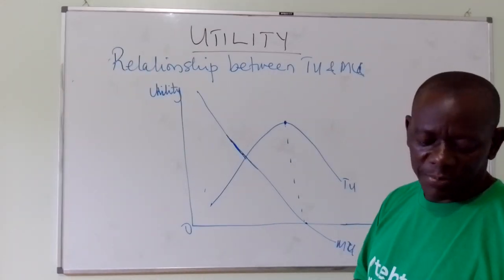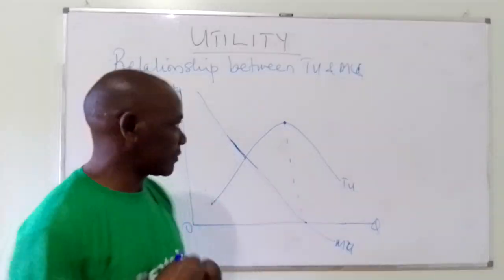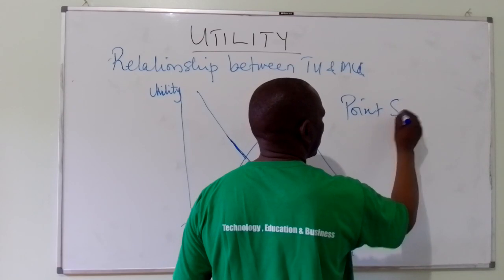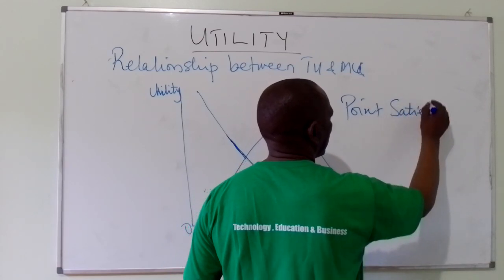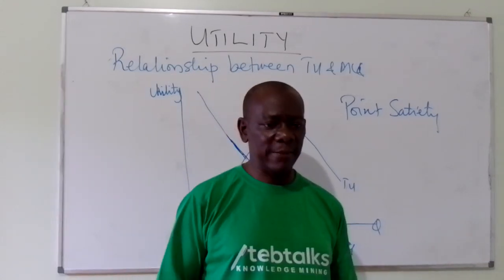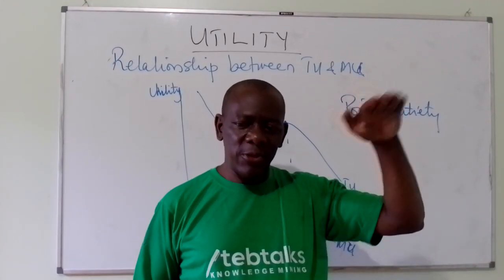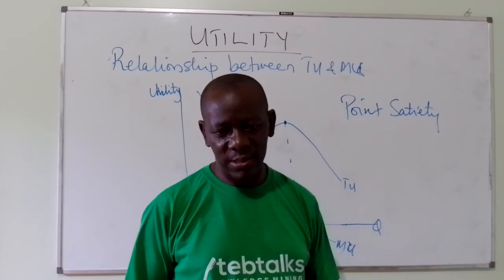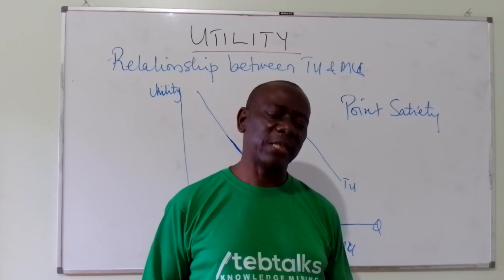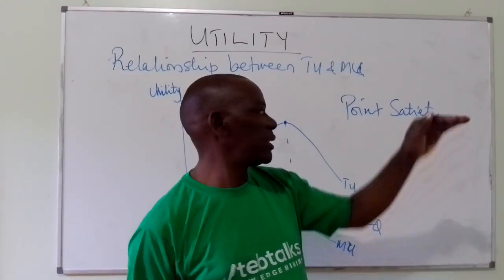We call it the point of satiety. You are too satisfied. Once you reach that point, any addition that you take of that product is going to be on negative marginal utility. Total utility will be declining, going down.